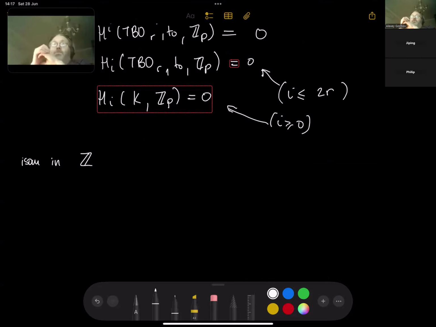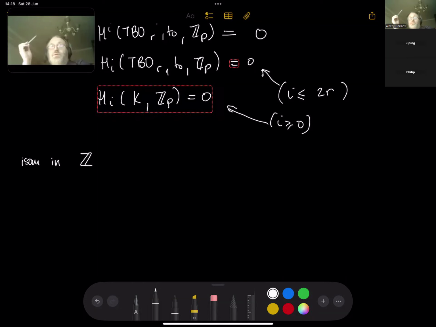Suppose we have a map of finitely generated chain complexes or cochain complexes over Z, and when we tensor with Z_p, we get a quasi-isomorphism.